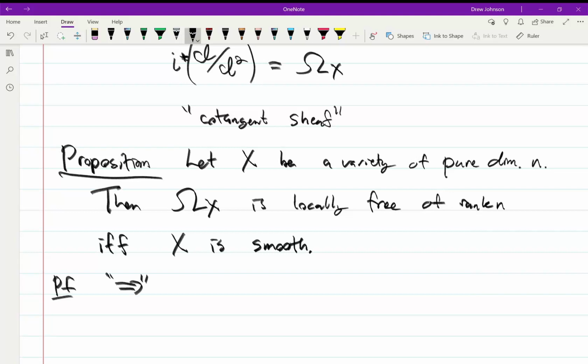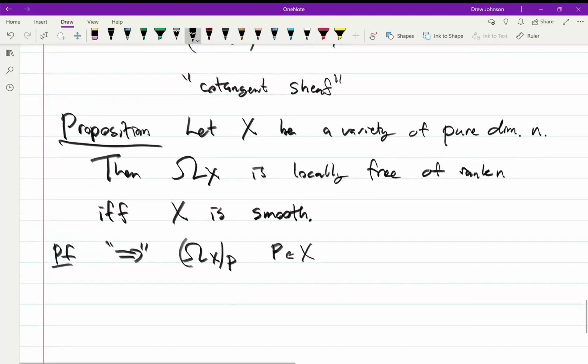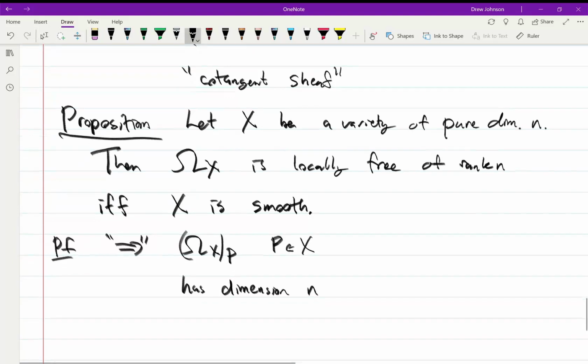So if omega X is locally free of rank n, then the fiber at any point p, not a smooth point, but a closed point of X, has dimension n. Right, because it's locally free of rank n, so all the fibers have dimension n, right?